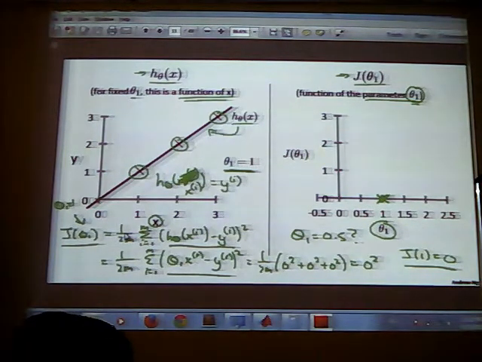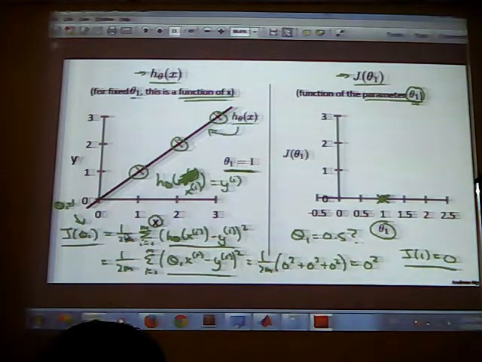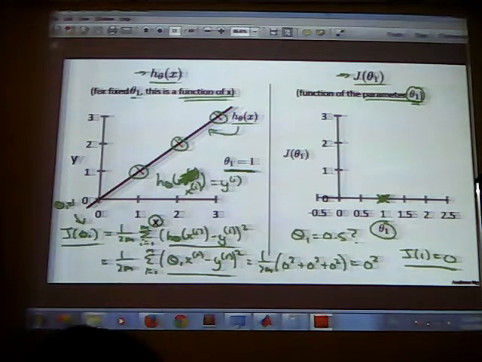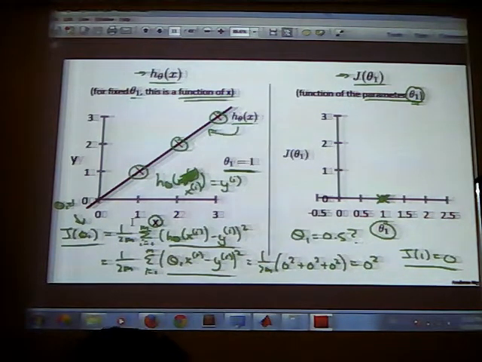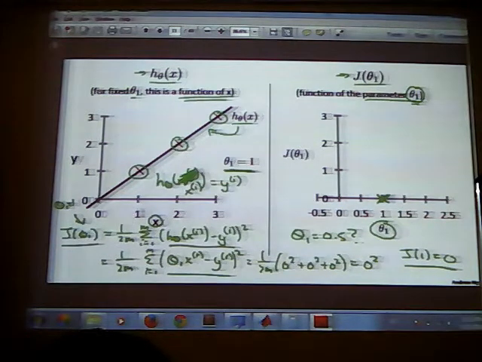So if you calculate this, for x equals 1, what will be your h of x? And for theta equals 1, what is going to be h of x? 1. So for 1, the predicted value will be this, and if we calculate the cost function, we will get 0. So for the very first example, that is (1, 1), we will get 0.